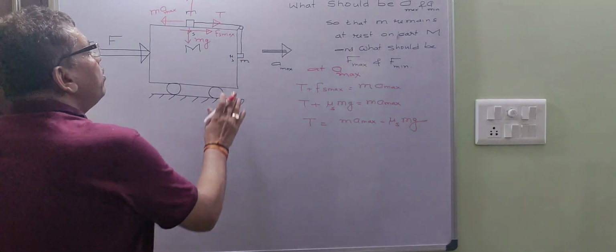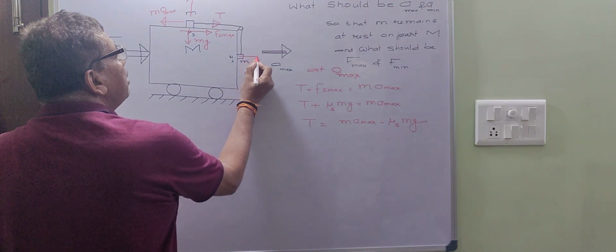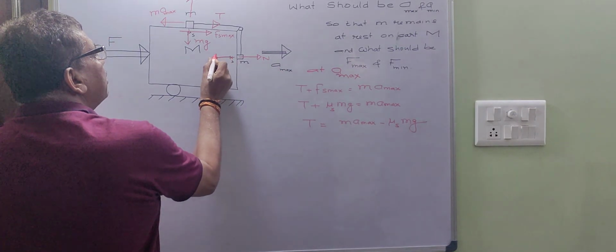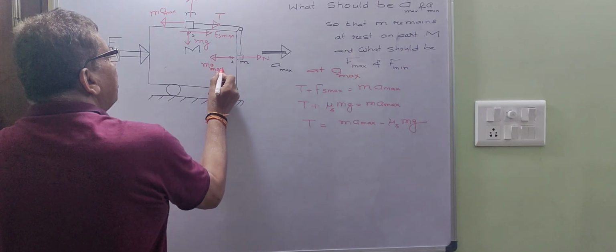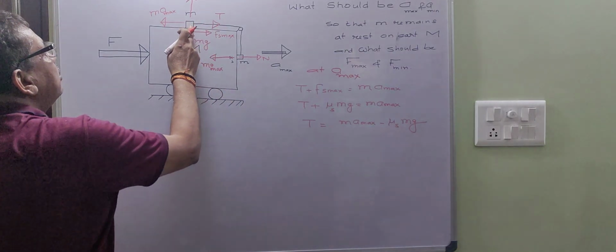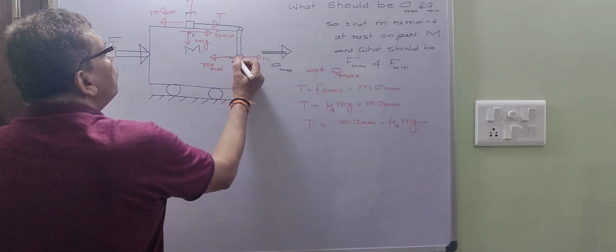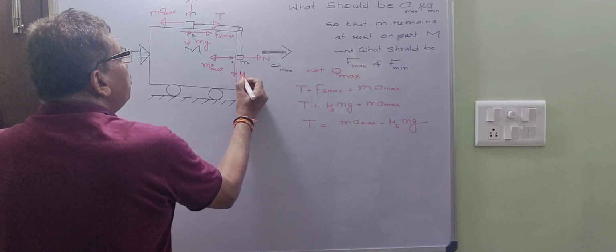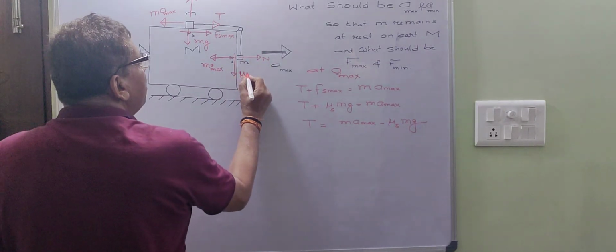Now when we draw the free body diagram here, the normal reaction N1 will be acting in this direction. The pseudo force will act in this direction, M A max, and now it has tendency to move in leftward direction. This will go up, so frictional force will act in downward direction. That is nothing but mu s times the normal reaction, and the normal reaction is M A max.